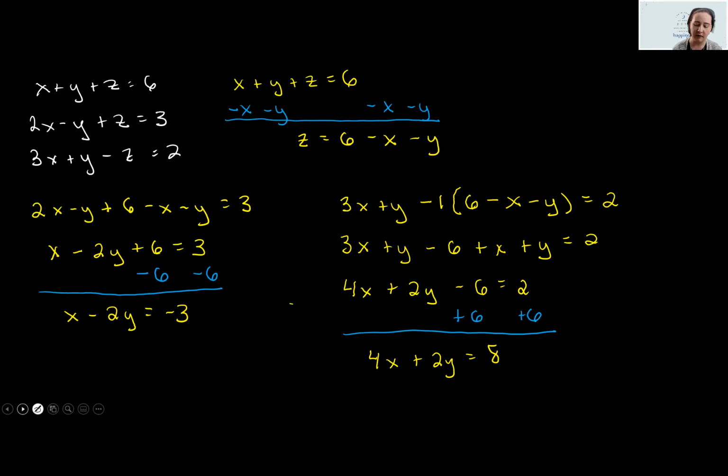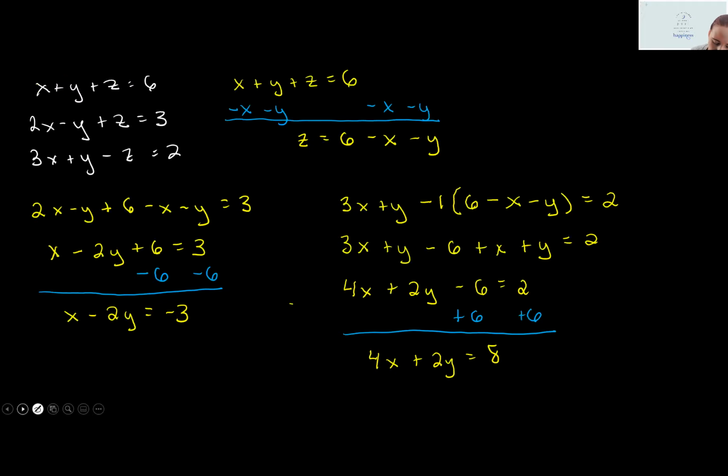We're kind of repeating the process. So we had x minus 2y equals -3, and 4x plus 2y equals 8.